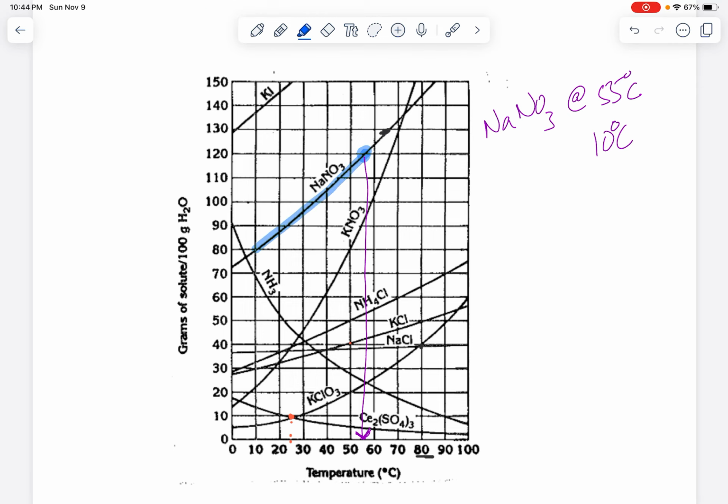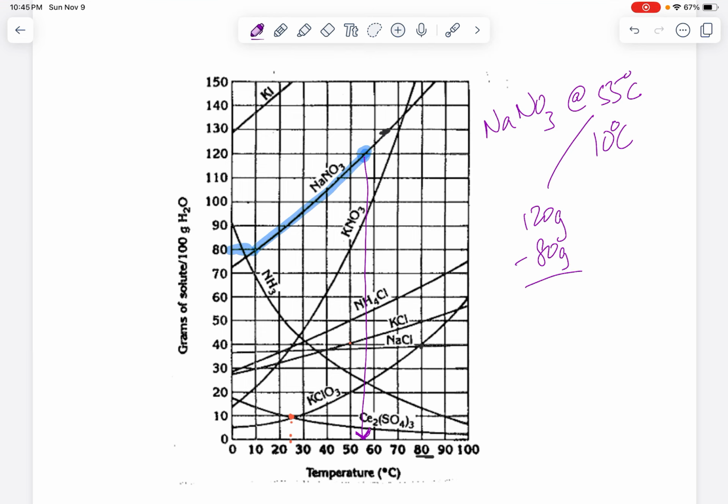We could say, well, what would happen? Well, at 55 degrees, we can hold around 120 grams. So at this temperature, we can have 120 grams dissolve. And then at 10 degrees, around 80 grams can dissolve.